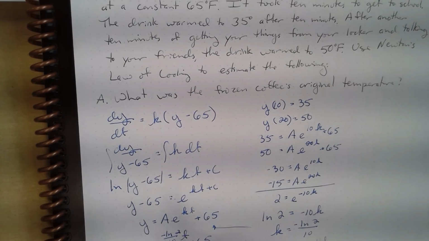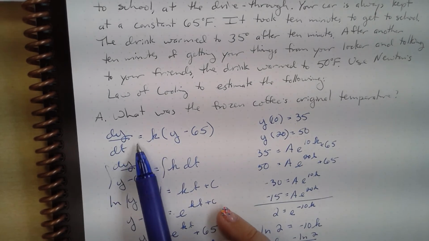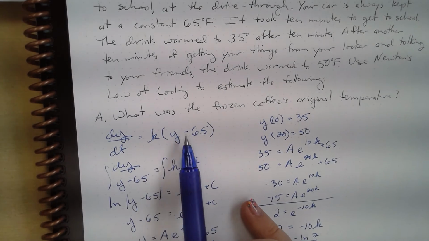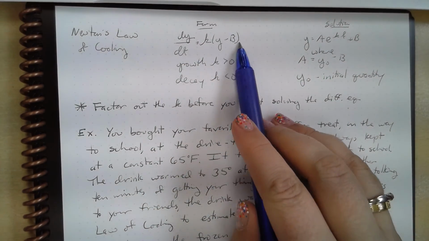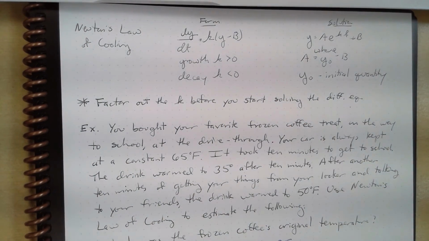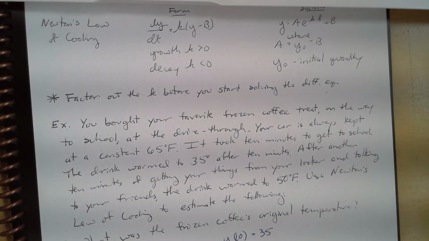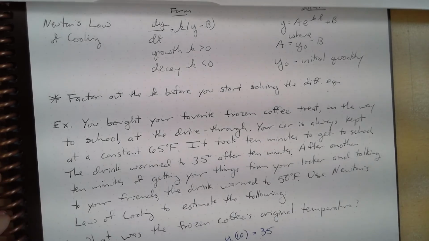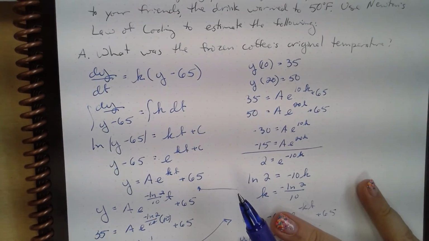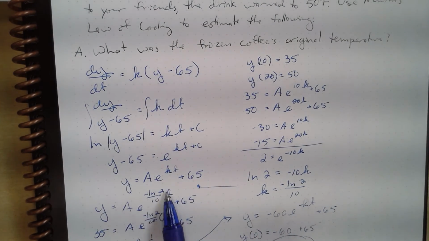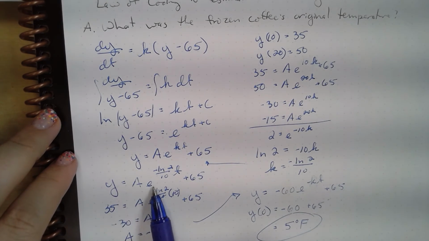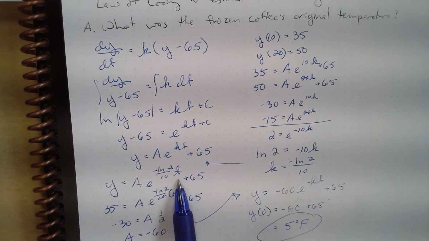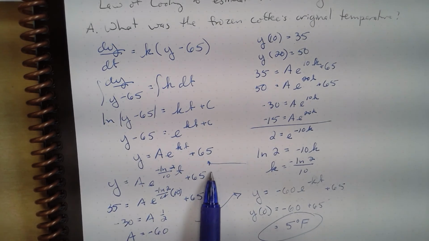Okay, let's find out. Well, dy over dt is going to be equal to k times y minus 65. That 65 is b, which is the temperature of the surrounding area, right? And that's the temperature here of your car, okay? So we solve that differential equation, and we end up getting y equals a e to the negative ln 2 over 10 of t, plus 65, okay?